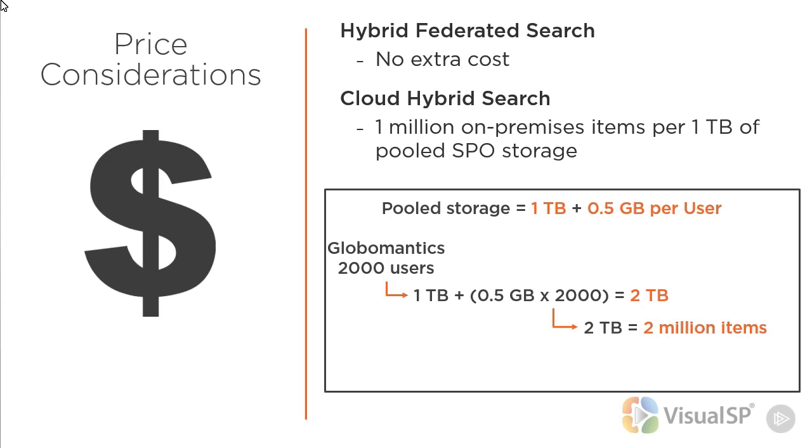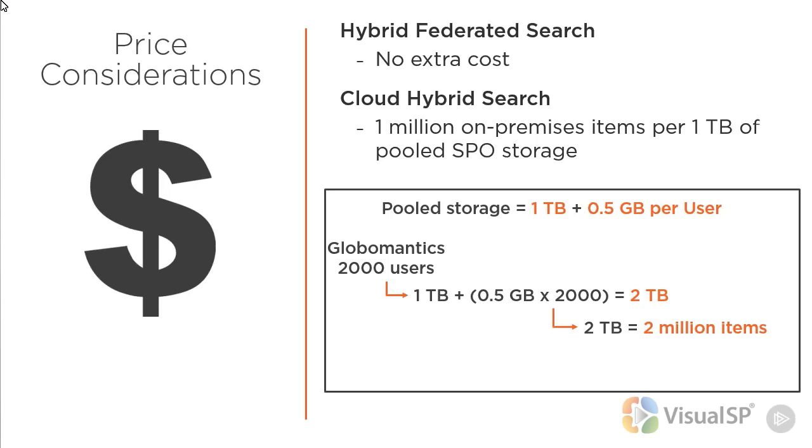If Globomantics, for example, has 15 million items that they want to send from on-prem to SharePoint Online, then they would need to buy extra storage. So they would need to pay for extra storage in Office 365 so they could send all this index from on-prem to online.